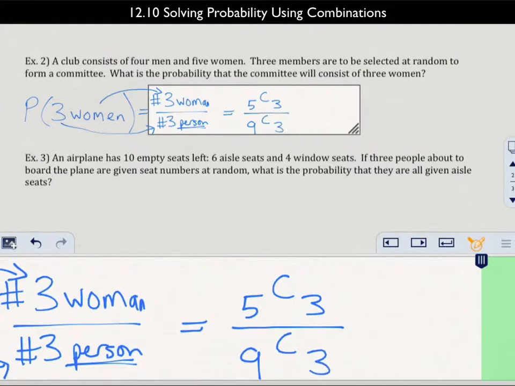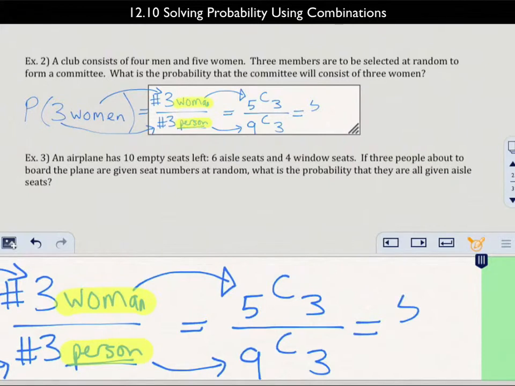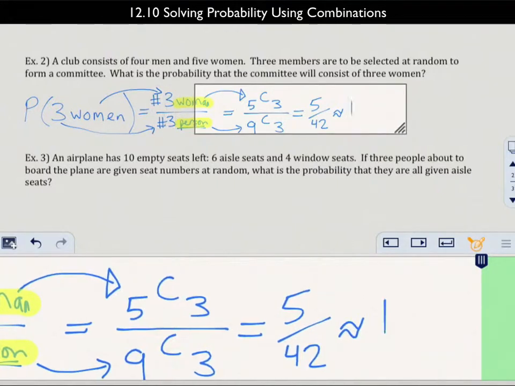Again, all the information on the top needs to be specific to women, and all the information on the bottom needs to be in general for all the people involved. Now we can just solve this, and you end up with 5 over 42, which is about 11.9%.